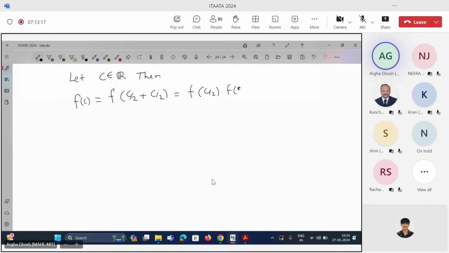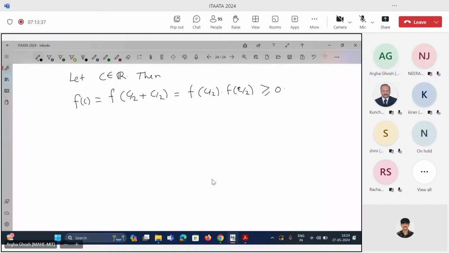So obviously this is a positive number, correct? I mean non-negative number. Whatever f of c by 2 is, f of c by 2 into f of c by 2 is a non-negative number. Okay, that's the thing we can derive.